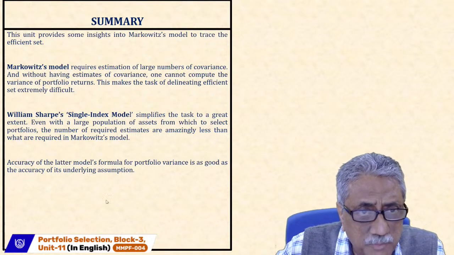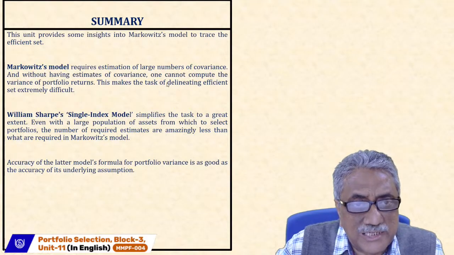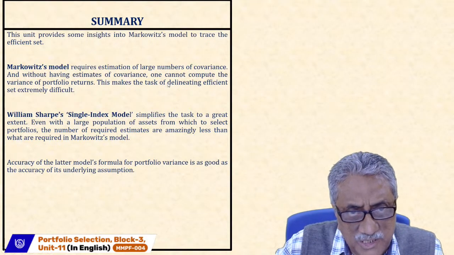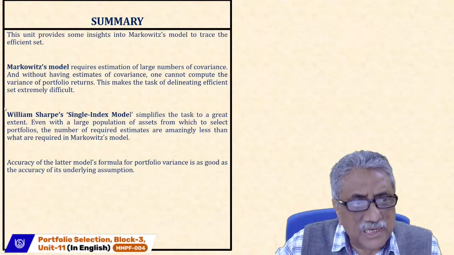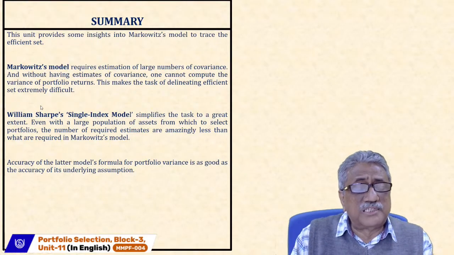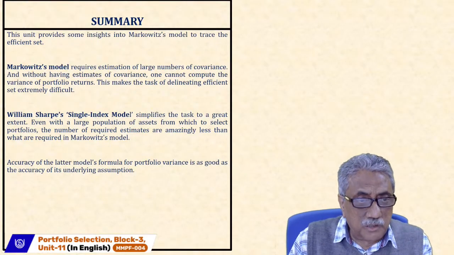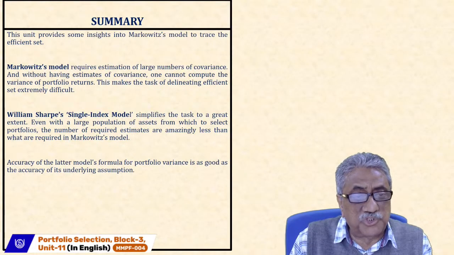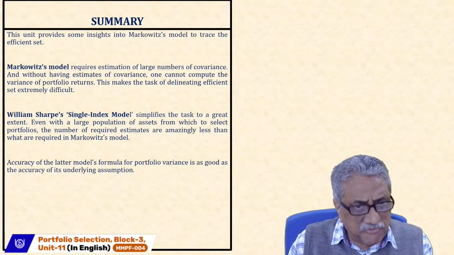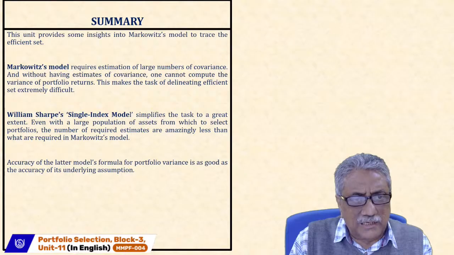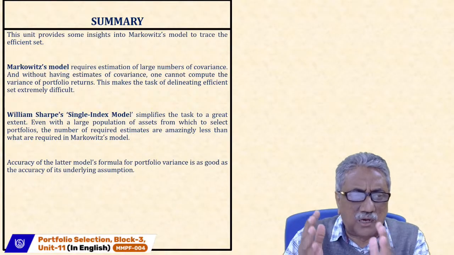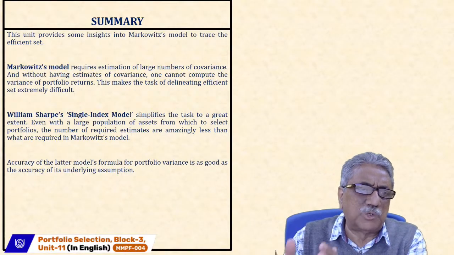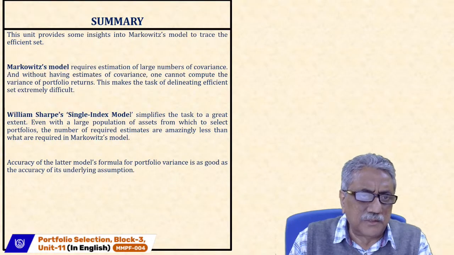This is what my purpose was in the beginning when I said the objective of today's study. Delineating the efficient set is extremely difficult. In '63 came his student, William Sharpe, with the single index model, simplified it and said that all shares are somehow or other linked to some one event or something like that.